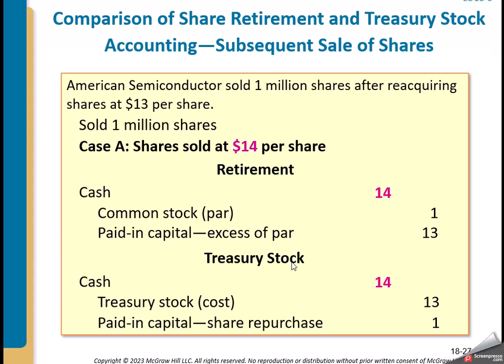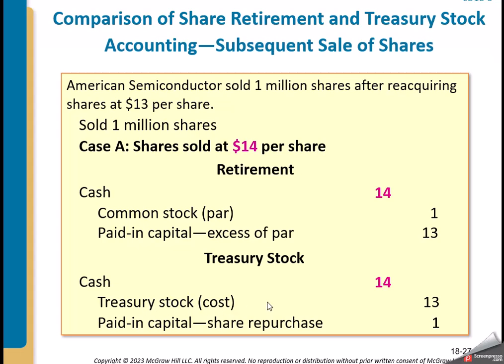In this case, I think I'm reading that wrong. They sold the million shares after reacquiring them, so they're not buying them back. They sold them out, so the money's going to come in. We would reissue them out as existing shares if we had purchased them back. The treasury stock is the one that is going to be in there at our cost, the $13.